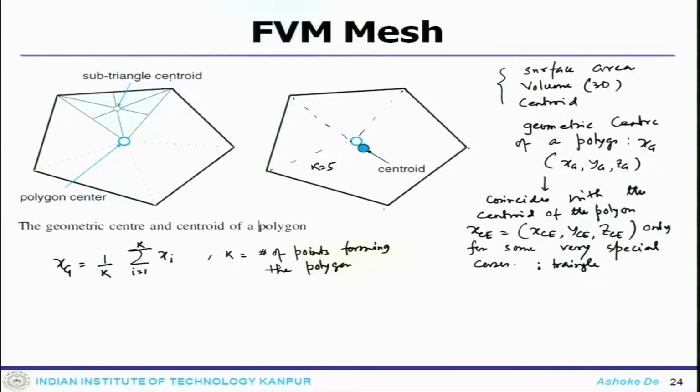Now, for this particular smaller sub triangle, you can calculate both the geometric center and the centroid. For computing the centroid of the polygon, you use some sort of an area weighted centroid calculation.